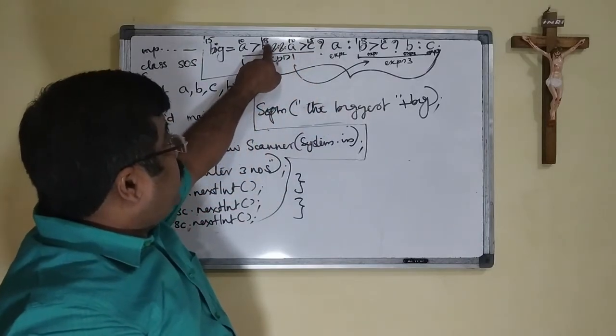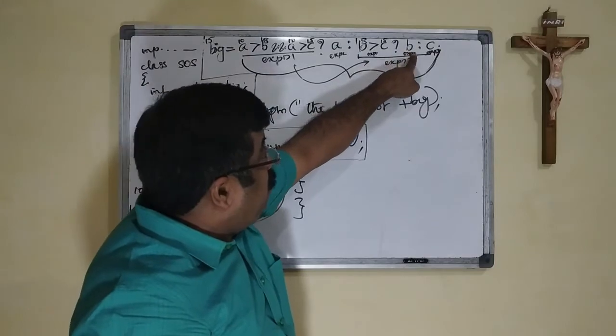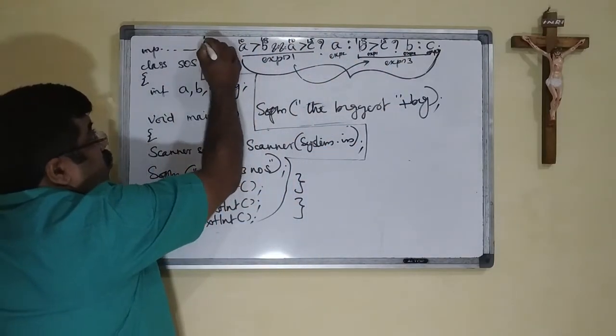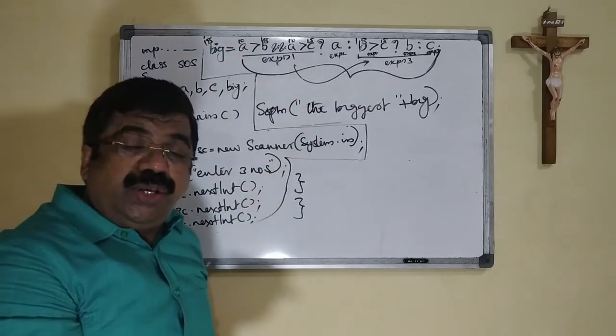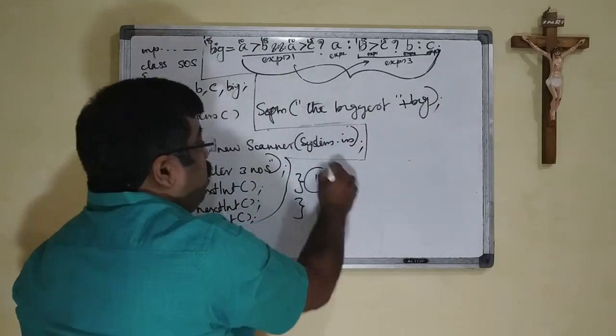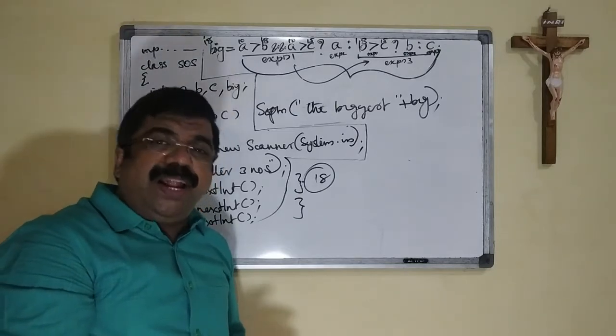B is 18. 18 greater than 15 condition is true. So the value of B, the 18 will come to the leftmost side. And after that, the biggest is big. The 18 will be printed. I think it is very clear.